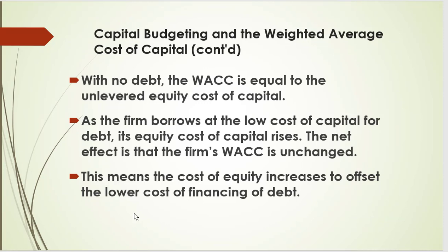With no debt, the weighted average cost of capital is exactly equal to the equity cost of capital. As you borrow money at the low cost of capital for debt, the equity cost of capital rises because it is more risky. The net effect is that the firm's weighted average cost of capital is unchanged.